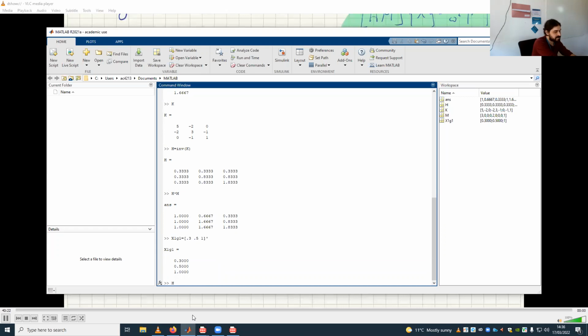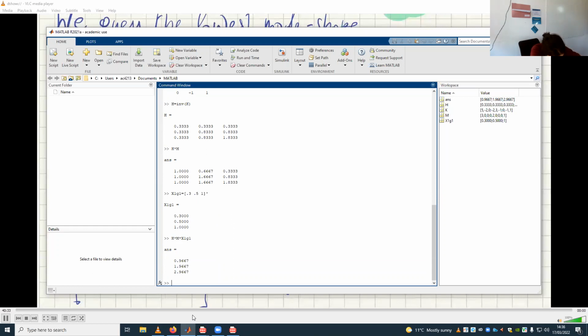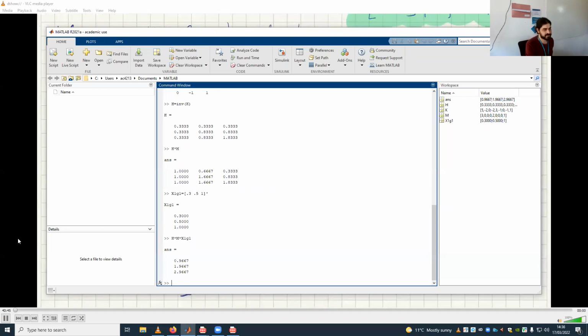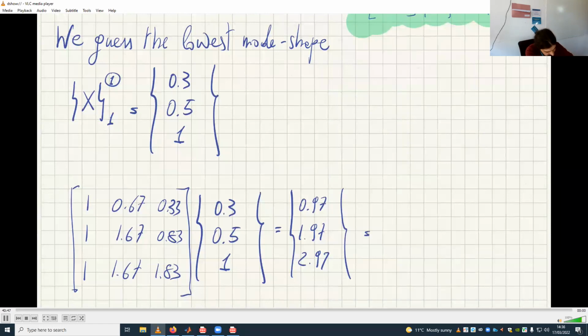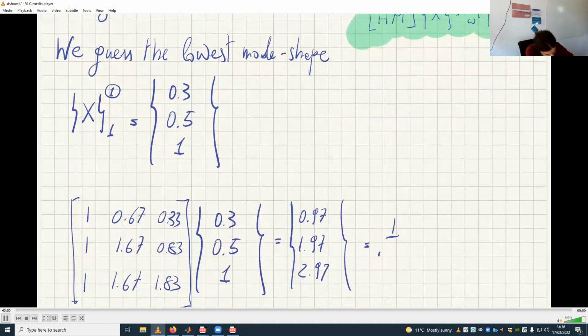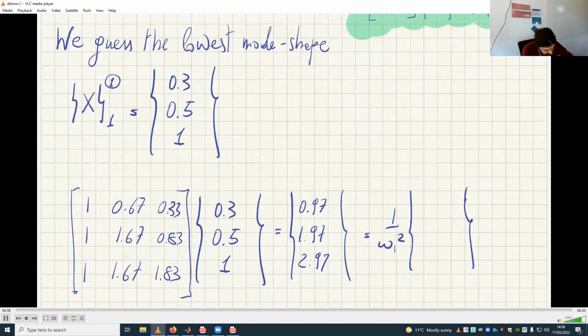So I have H times M times X1, guess 1. That gives 0.97, 1.97, and 2.97. And I'm arguing that this is equal to 1 over omega 1 squared, omega 1 because it's the lowest, times x, and x was 0.3, 0.5, 1.